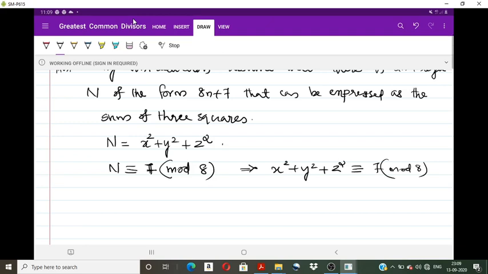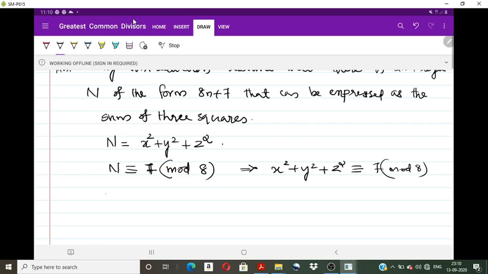We know that x, y and z are integers. Also we know that when any integer is divided by 8, here the divisor is 8, that integer is congruent to the remainder obtained; any integer is congruent to one of its least residues.